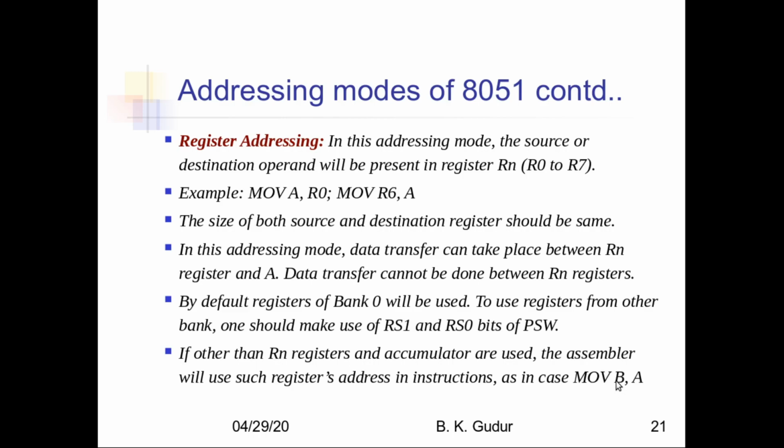B's direct address is 0F0H, so the assembler will treat this as MOV 0F0H, A. So if we use any register other than Rn registers and the accumulator, the assembler will use the address of such a register and perform the operation. So this is the register addressing mode.